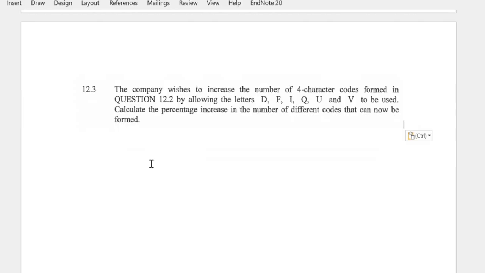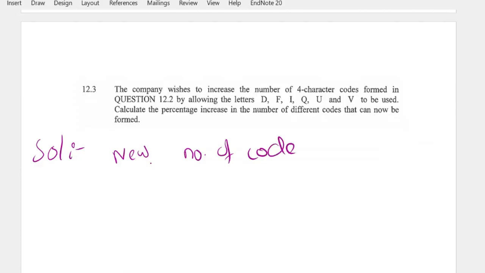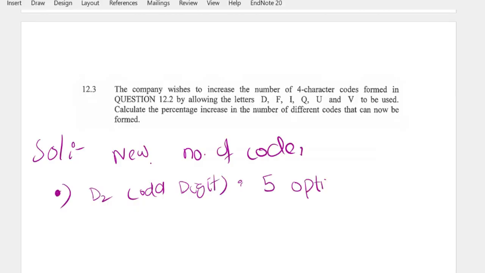So the new number of codes. The first point is D2, the odd digit. We have 5 options. Then L1 is the first letter.